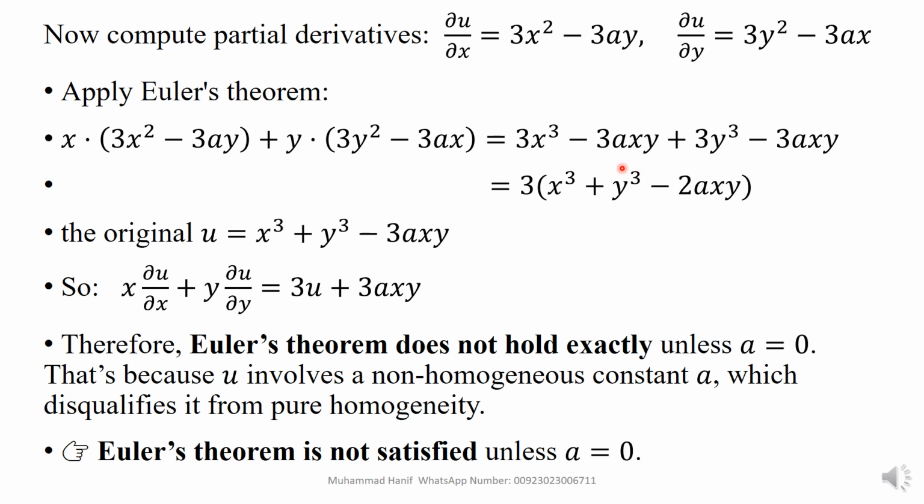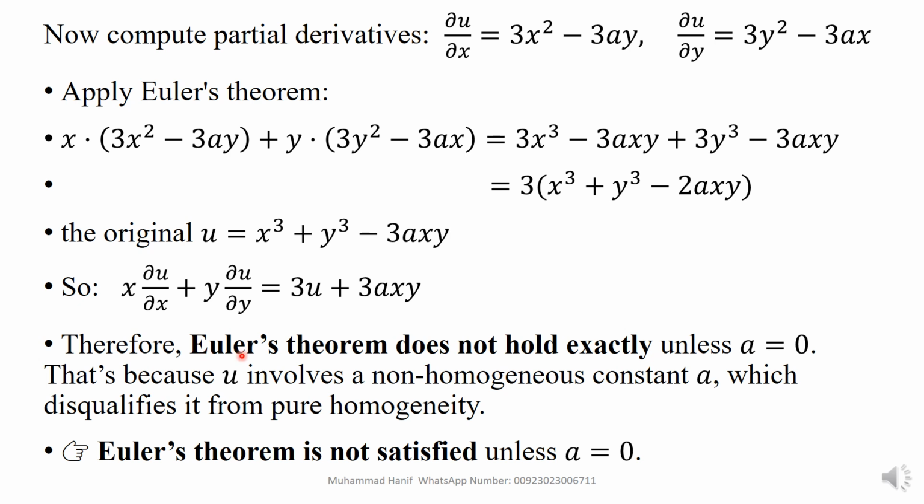You can see here minus 3axy and minus 3axy, then you can write minus 6axy, then 3 is the common factor in all three terms. The original u equals x³ + y³ − 3axy. So x ∂u/∂x + y ∂u/∂y = 3u + 3axy.